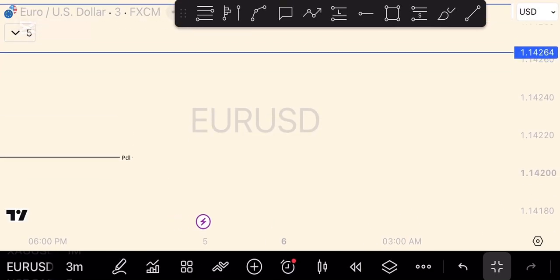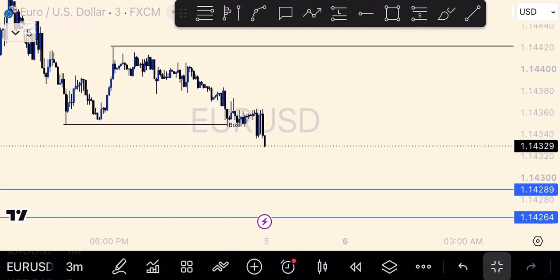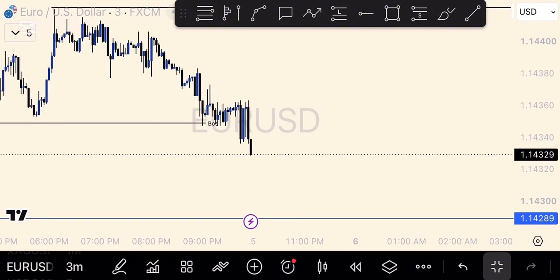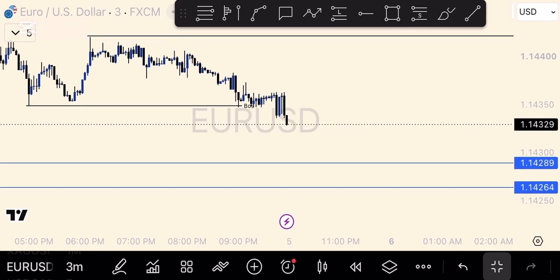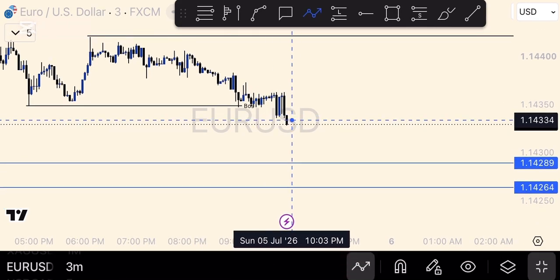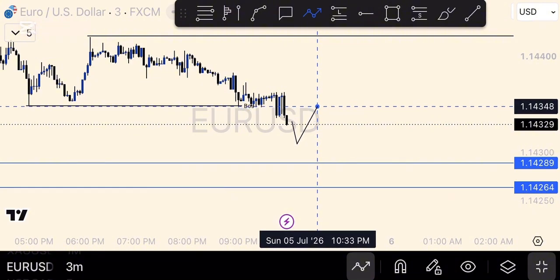Even though we can have some quick scalp buying at this zone, that is if we can have something like this: push down, push up. You do understand?